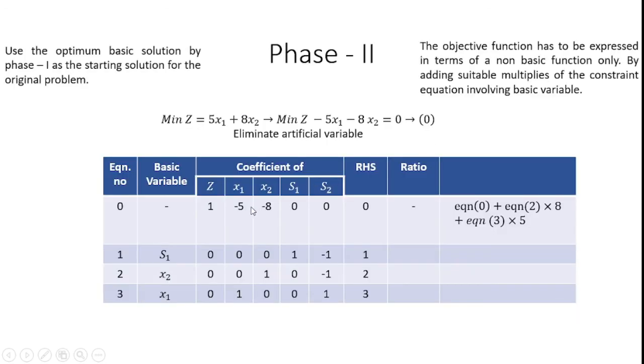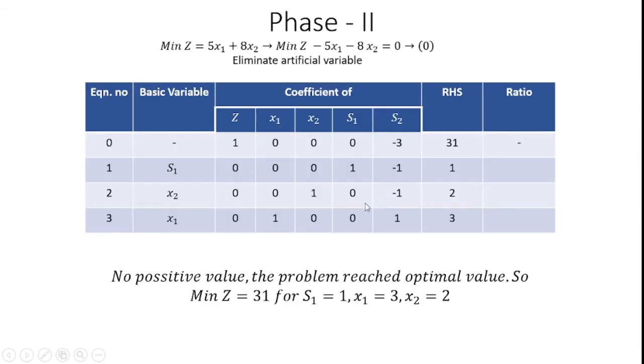So I have to convert the values -5 and -8 into 0 according to the multiplication of equation 2 into 8 and equation 3 into 5. According to that, I can get 0 for the corresponding table values in place of -5 and -8, and also the right hand side value of the objective function equation as 31. Likewise, I may get the values for S2 also.